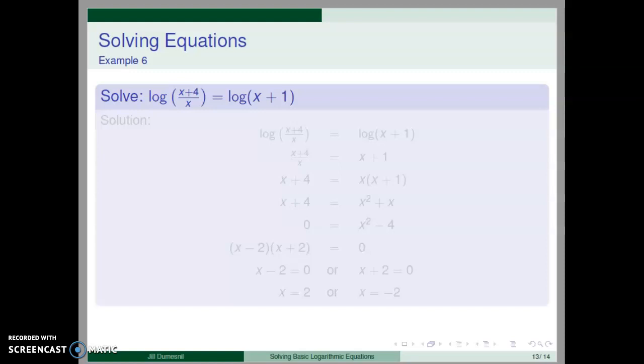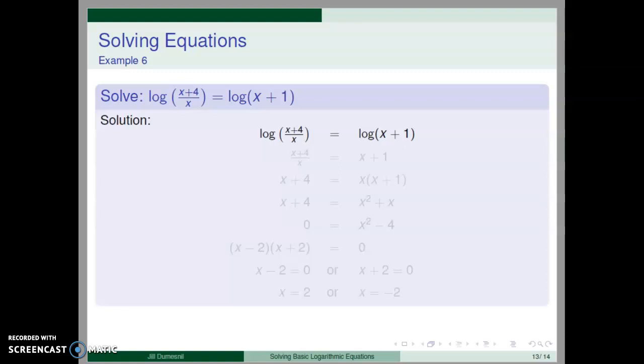We should probably consider an example in which one or more of the algebraic answers are actually extraneous solutions and have to be discarded. So let's solve the equation log of the fraction x plus 4 over x equals log of x plus 1. First note that log without a specific base always means log base 10, which is called the common log.